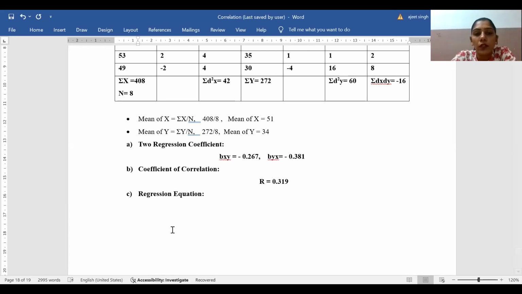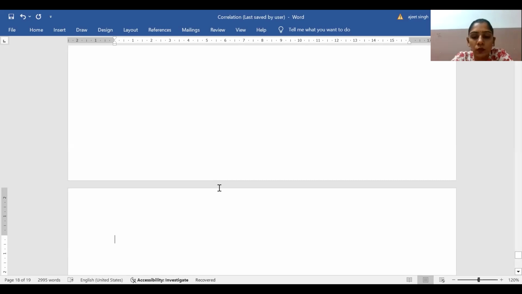So now we have calculated the mean of the given series. We have calculated the two regression coefficients bxy, byx. After that, we have also calculated the coefficient of correlation, which is R. And now we will calculate the regression equation.